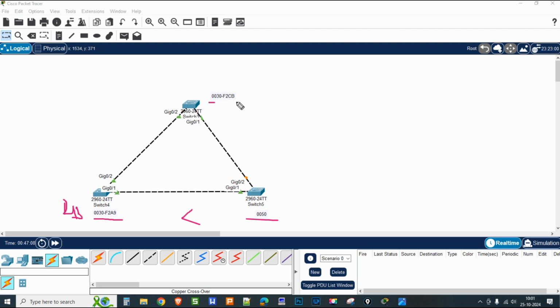You can compare which one has the lowest MAC address, 0030 F2A9. Here, F2A9: A is the lower value, C is the higher value. A is 10, C is 12. So it becomes the root bridge based on the MAC address value.